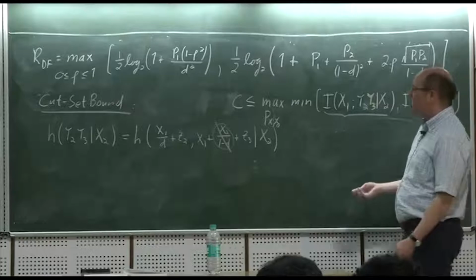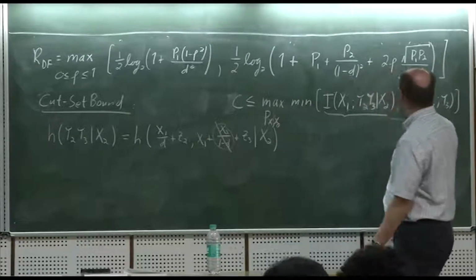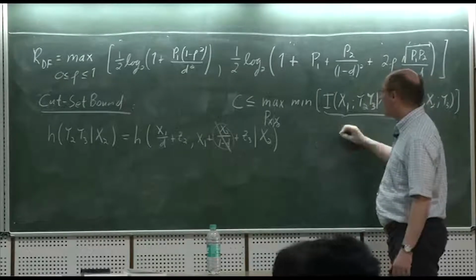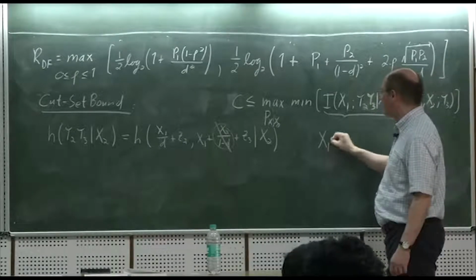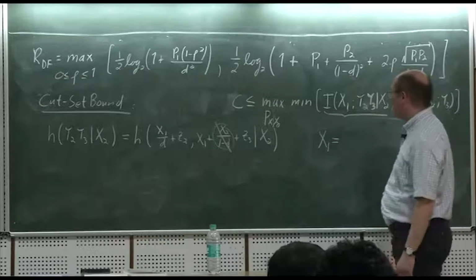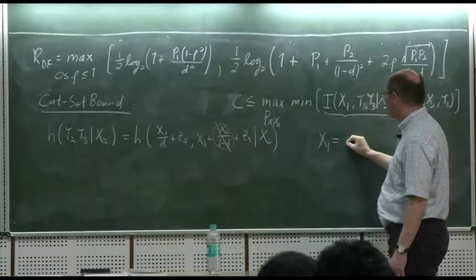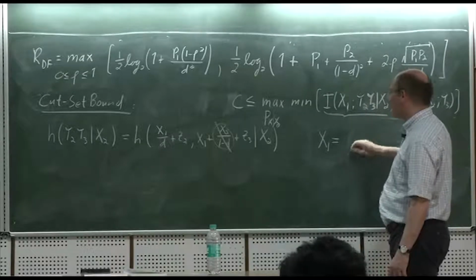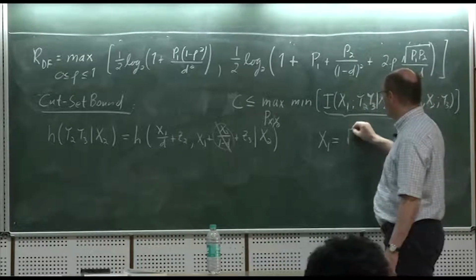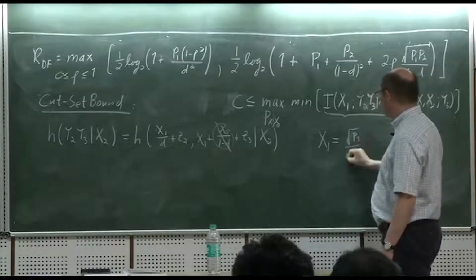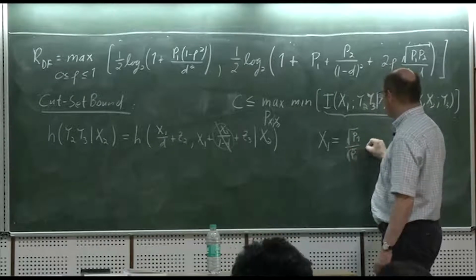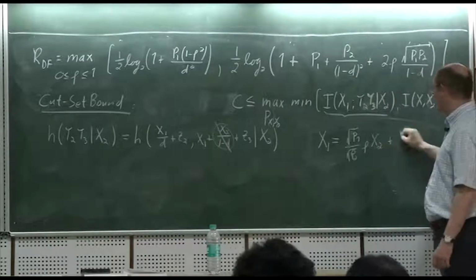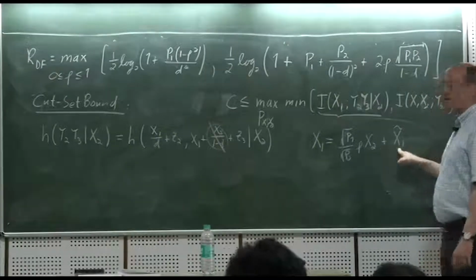However, if there is a correlation, we say it's rho, that's what this rho means, then I can always write x1 as rho times, I have to normalize the power though, so root of p1 by root of p2, rho x2 plus some independent noise of appropriate power, x1 tilde, where this is independent of that, right?